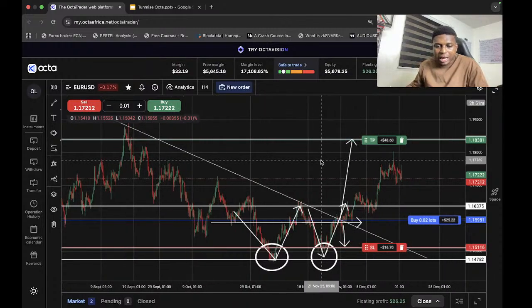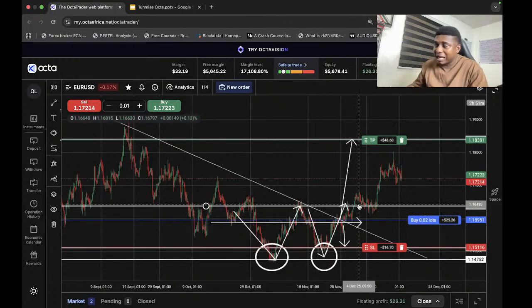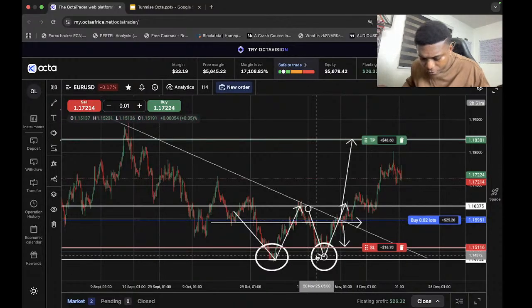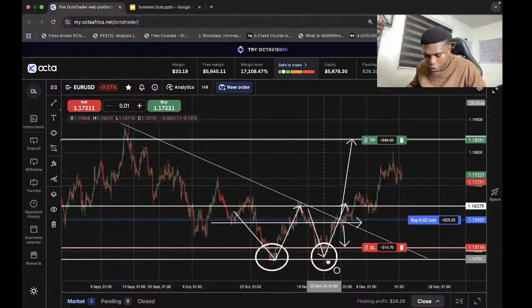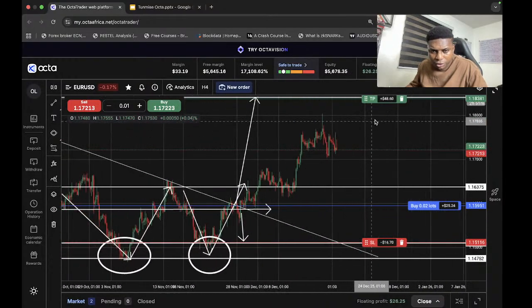Currently you can see that we decided to take a buy here because in our last webinar we spotted a double bottom. Okay, a double bottom, right? And you can see how far the market has come.